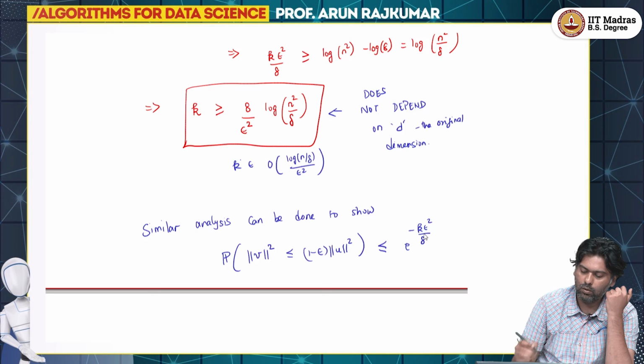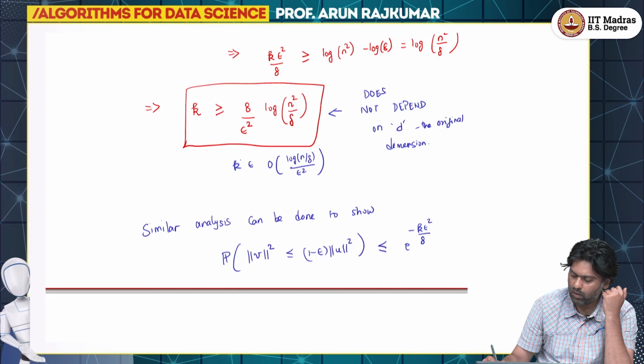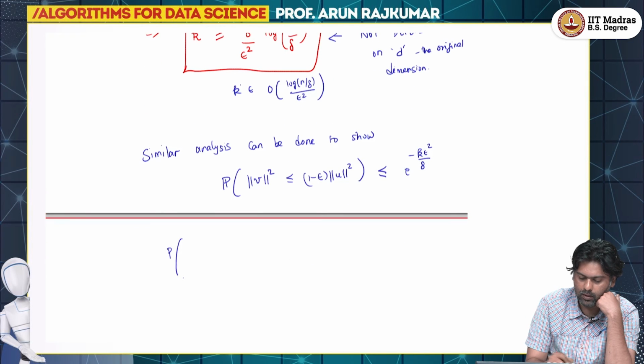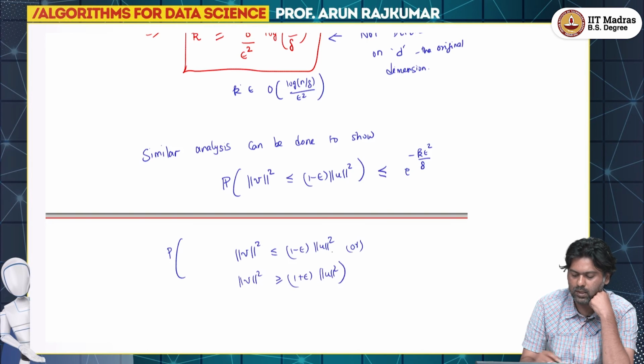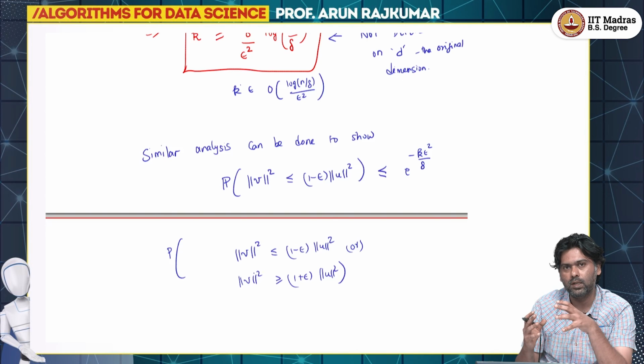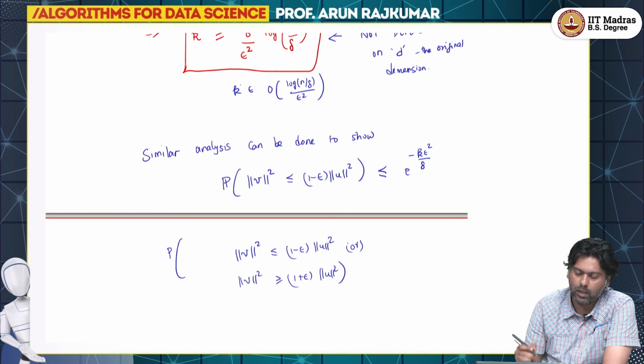So, which means the probability that v squared is less than 1 minus epsilon u squared, or v squared is greater than or equal to 1 plus epsilon u squared. So, either this event happens or this event happens, right. So, it is a union of both events. Now I can apply a union bound.